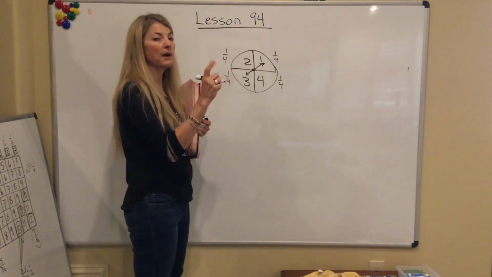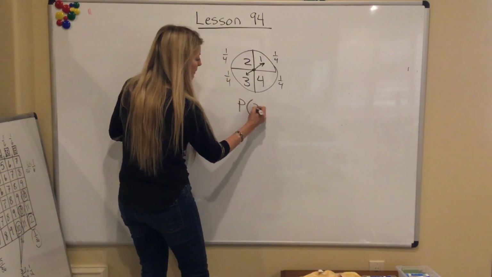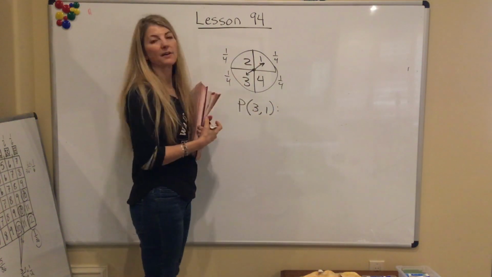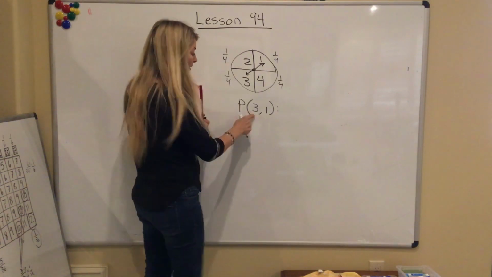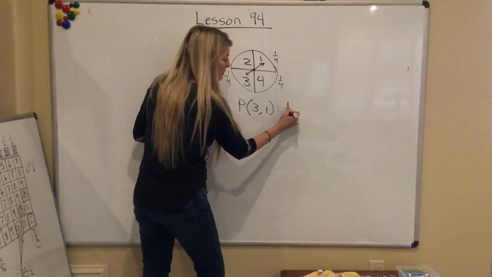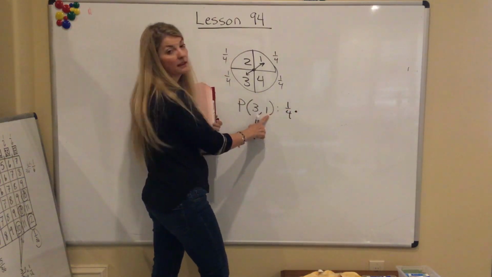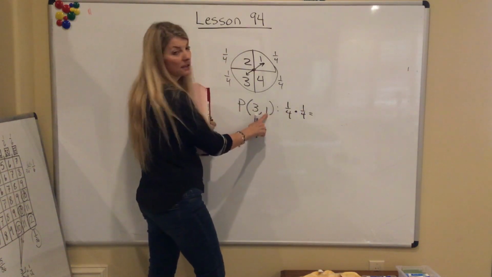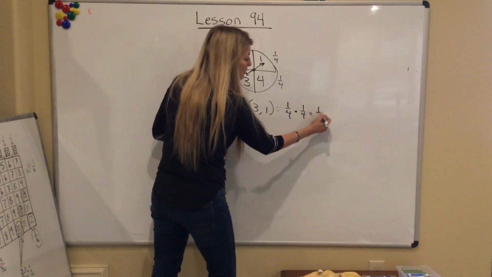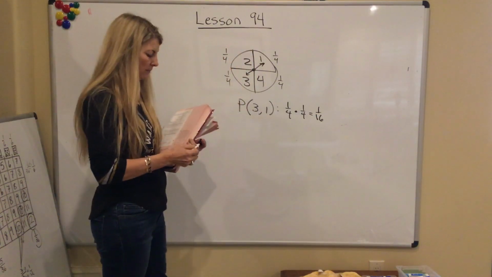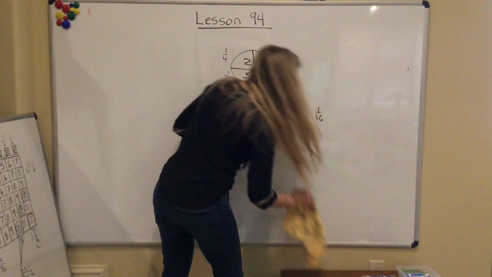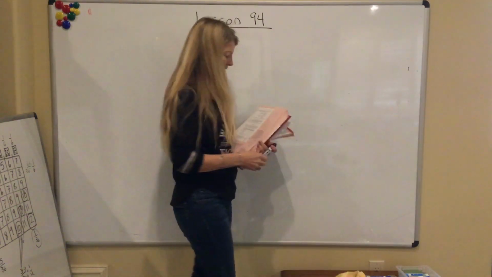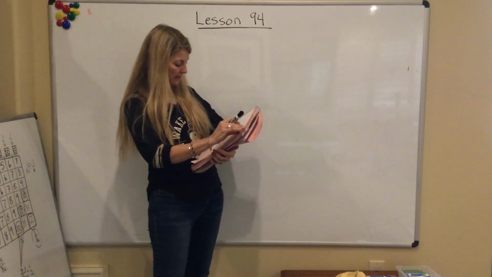So what's the probability that I would get a 3 on the first spin, and then spin it again and get a 1 on the second spin? The probability of getting a 3 is 1/4, and the probability of getting a 1 is also 1/4. So the probability of getting these in this sequence would be 1/4 times 1/4, which would be 1/16. Again, these are independent events.